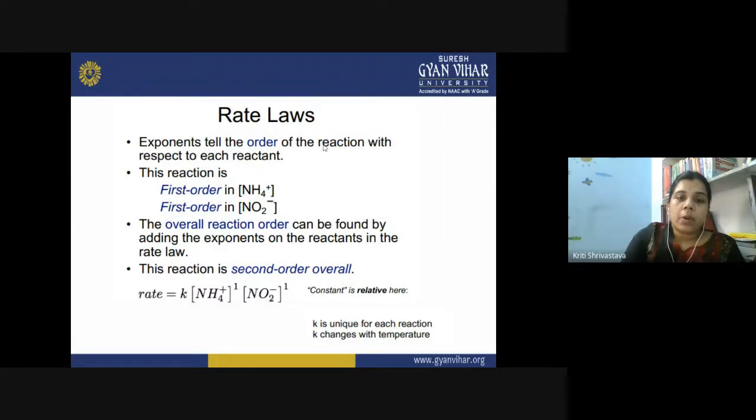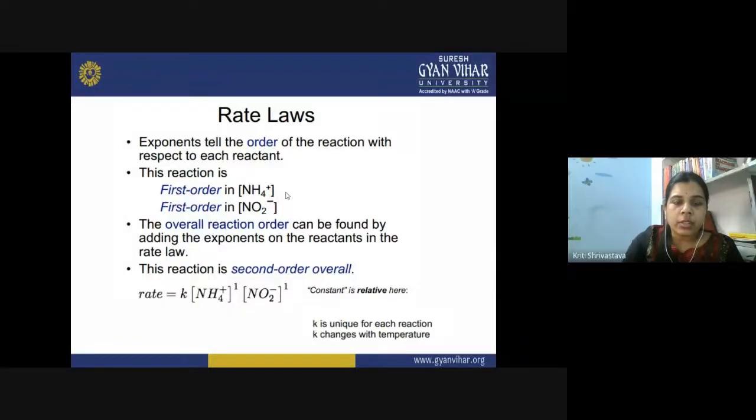Now if you talk about the rate law individually, the exponent tells the order of the reaction with respect to each reactant in the rate law. In the chemical equation, from the stoichiometry we get the molecularity. But when we look at the exponents in the rate law, then you get the order of the reaction. As you see, it is first order in ammonium ion and first order in the nitrite ion.